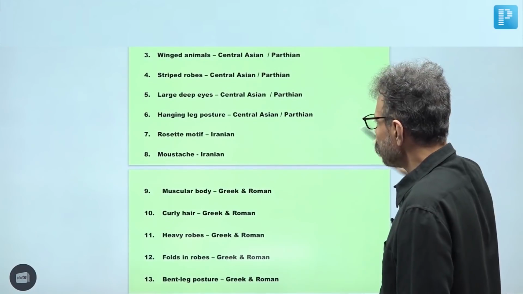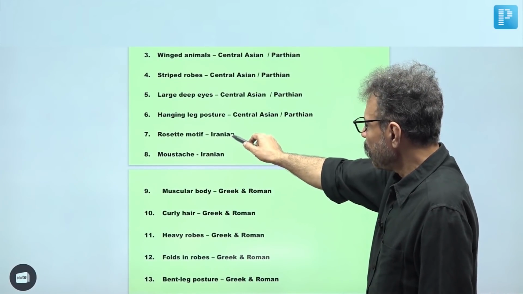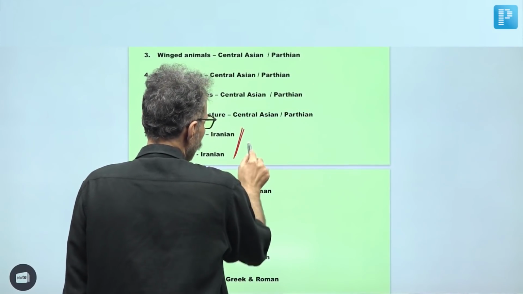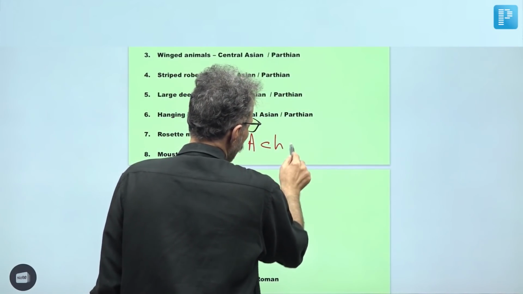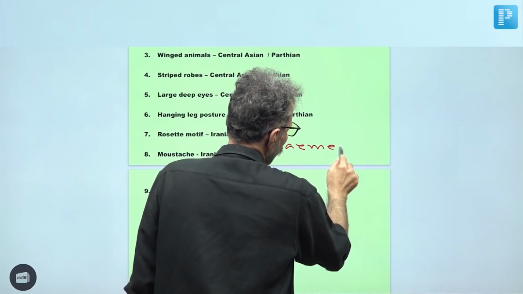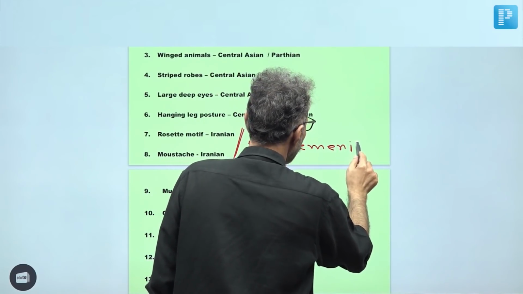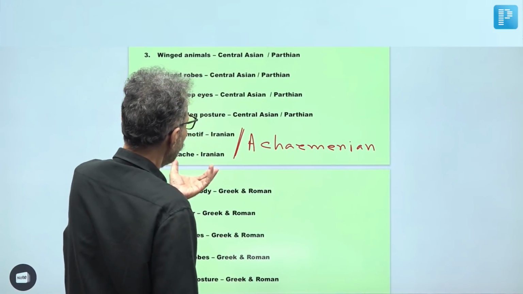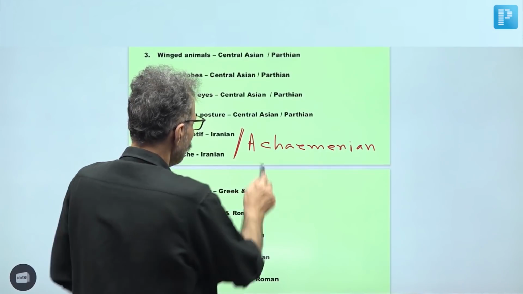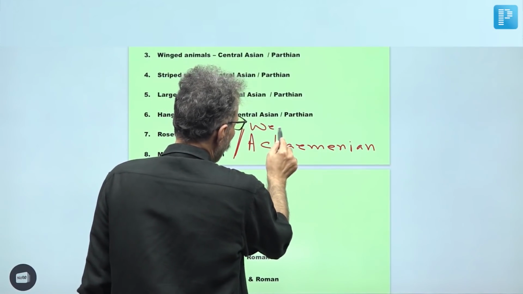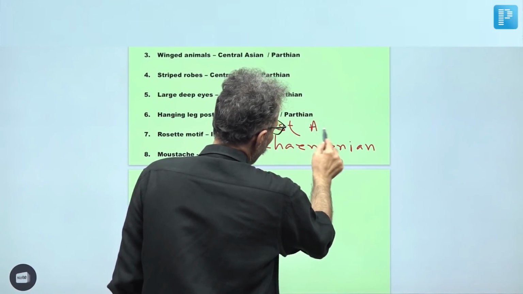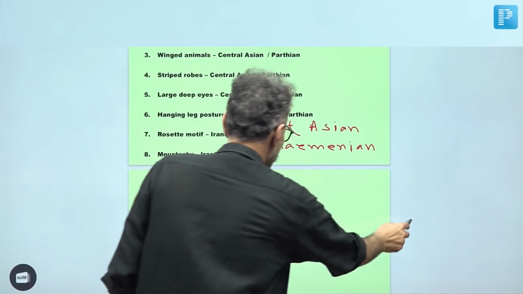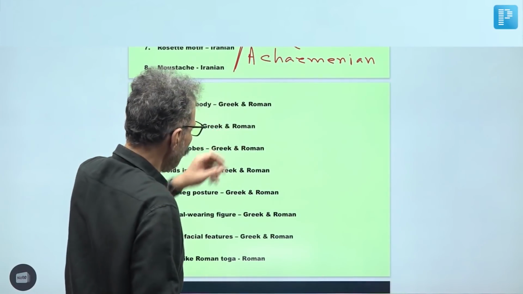Next influence you find is Iranian, Iranian or Achaemenian, because the empire which existed here was known as Achaemenian, and sometimes, since geography-wise it is West Asia, West Asia. And then here, Greek and Roman.